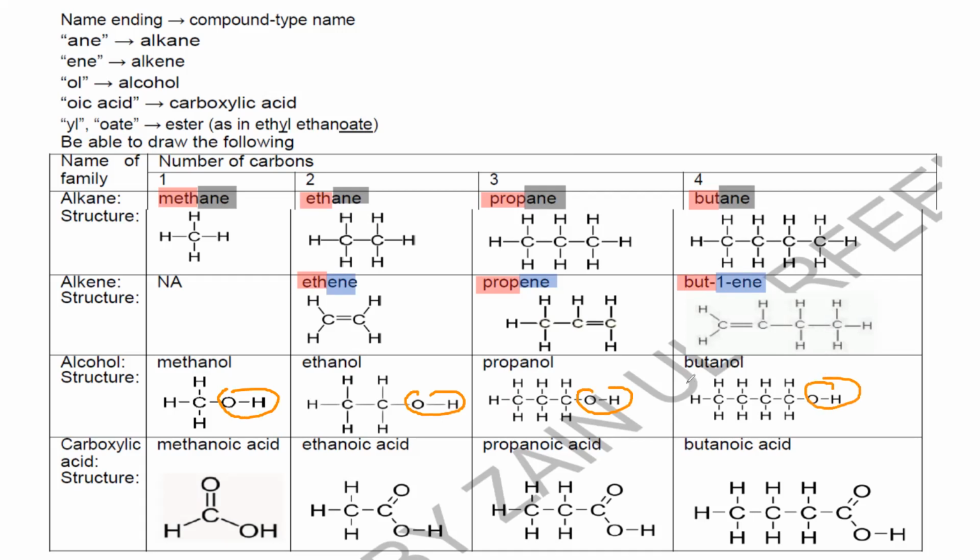So how to name this type of compound? First we count the number of carbon atoms. There is only one carbon atom, so it is meth. Then they have a single bond between them, so it will be an, methane. And because of the OH, what we call that is ol, so it will become methanol.